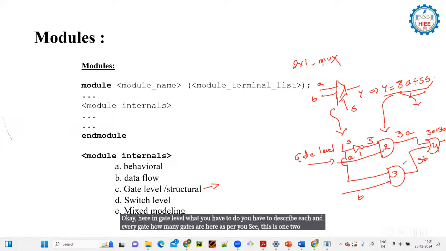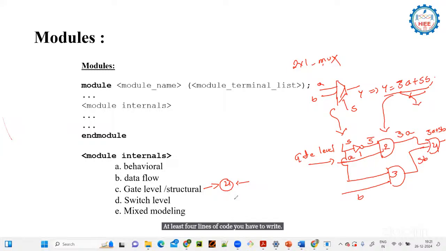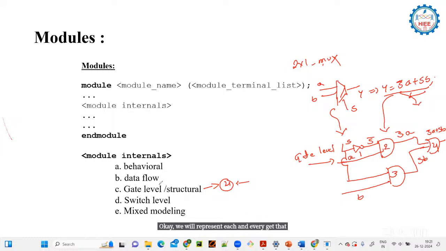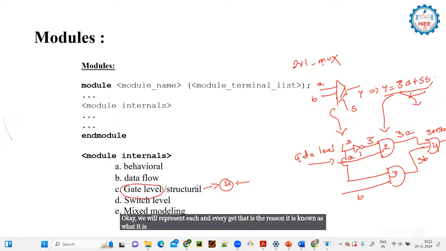There are 4 gates. It means at least 4 lines of code you have to write, because in gate level modeling we will represent each and every gate. That is the reason it is known as gate level or structural modeling.